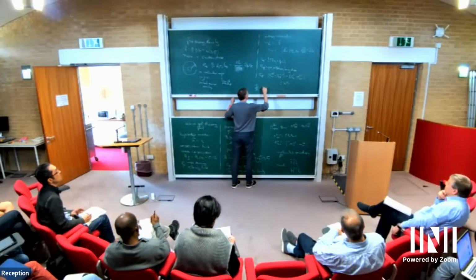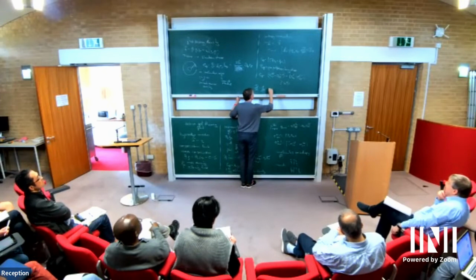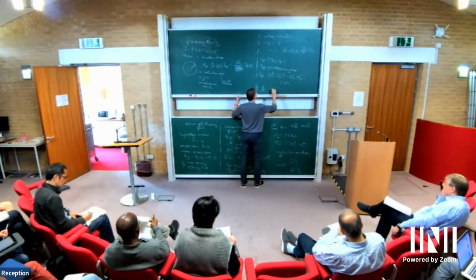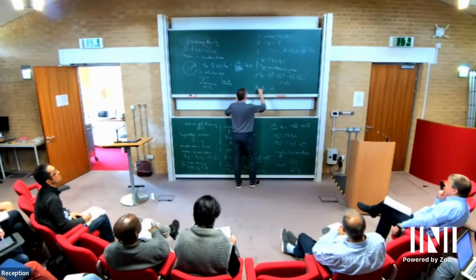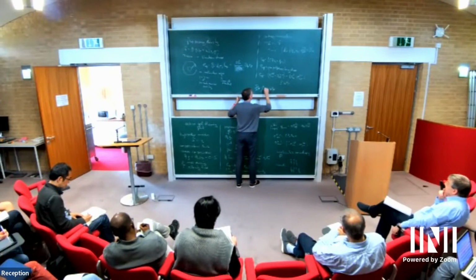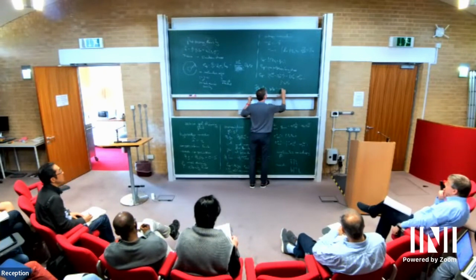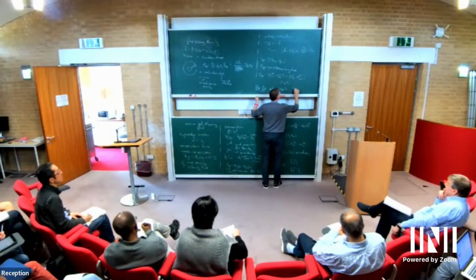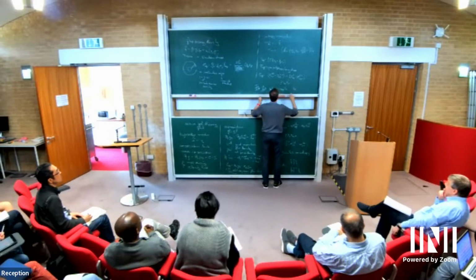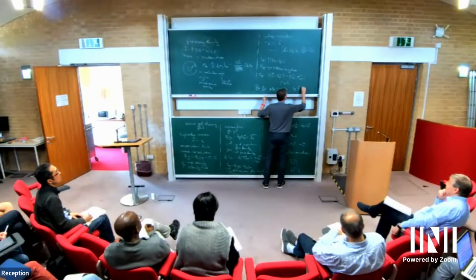It would be d/dt of P alpha plus omega alpha beta P beta, where omega here is now the antisymmetric part of the velocity gradient tensor.